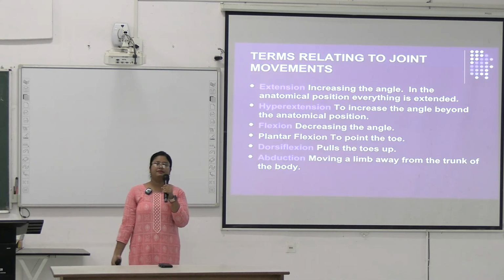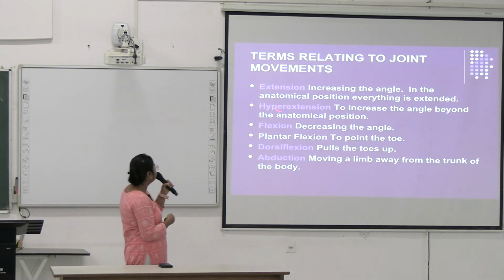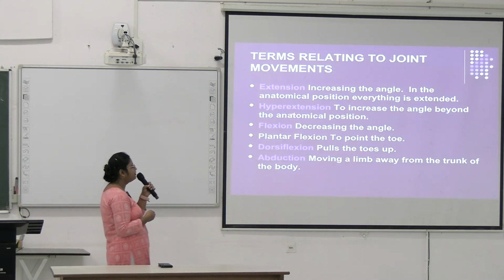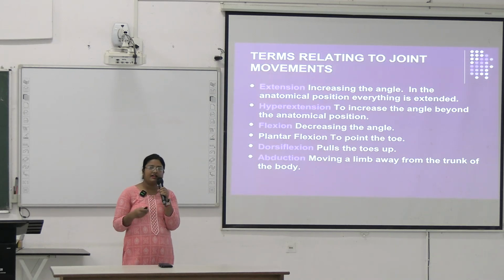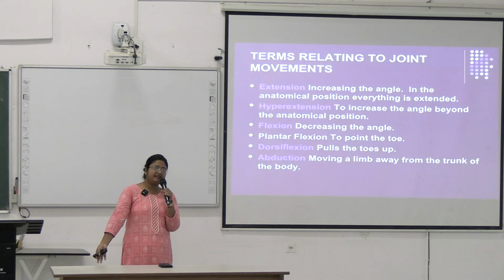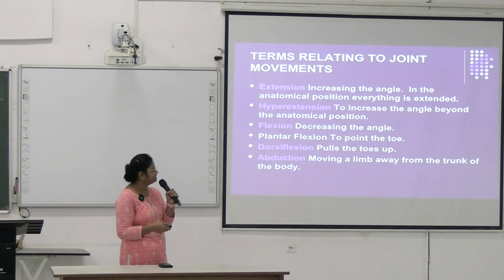So every joint is mainly extended in the anatomical position. And what is hyperextension? To increase the angle beyond the anatomical position is hyperextension. These two are lying in the same line. This is extension. If you extend more posteriorly, that will be hyperextension.